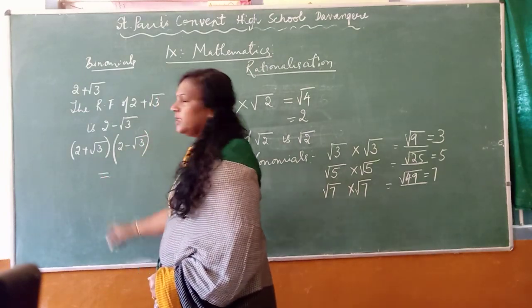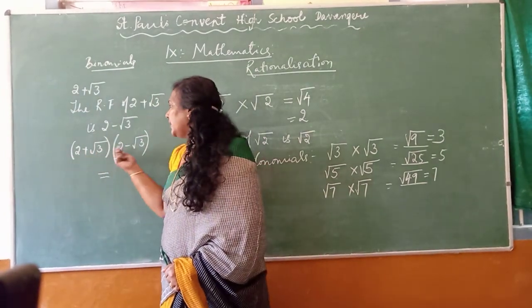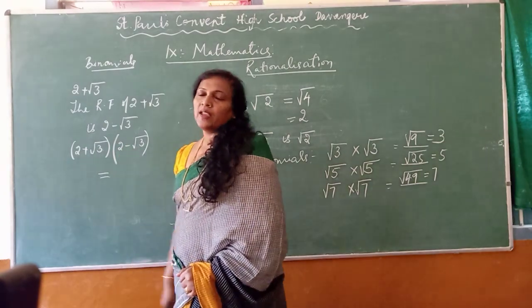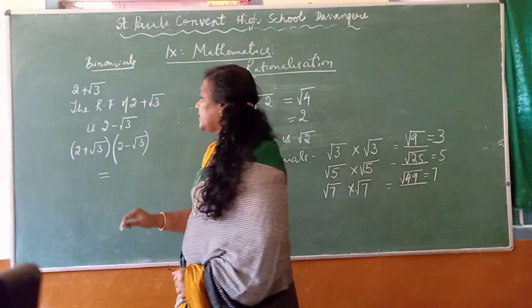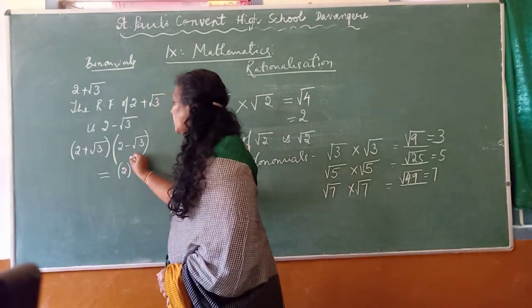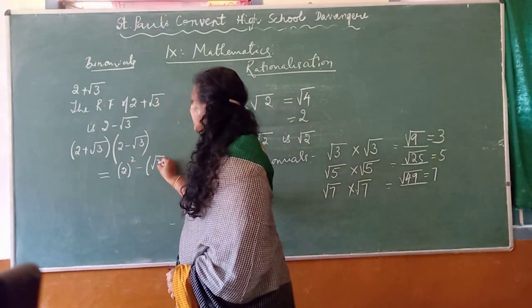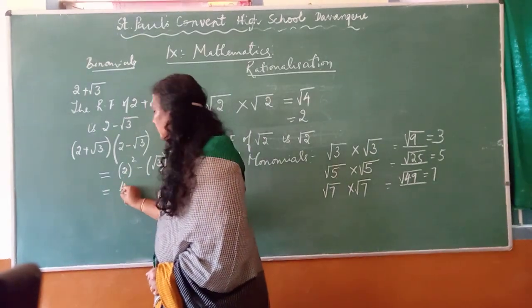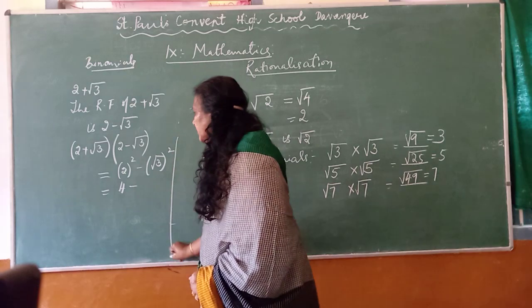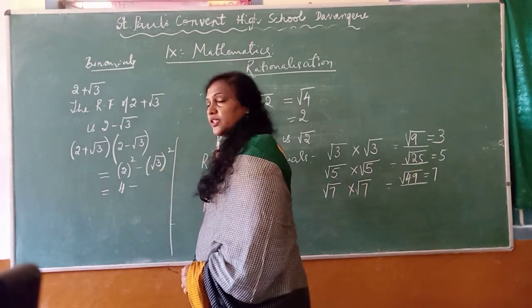This is of the form a plus b into a minus b. A plus b into a minus b is equal to what? A squared minus b squared, that is 2 whole squared minus root 3 whole squared. 2 squared means 2 into 2, 4, minus root 3 into root 3. It is root 9.